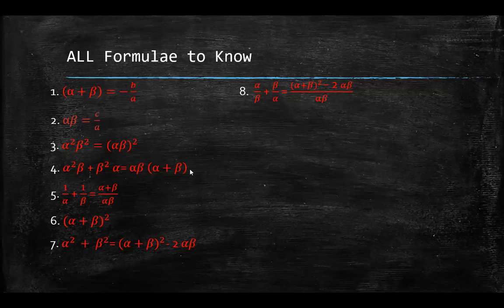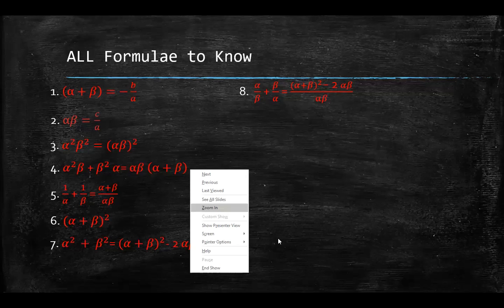Oh my, I did not mean to do that. Hold on. Lock screen. Okay, this is the quadratic. X squared minus 7x minus 3 is equal to 0.